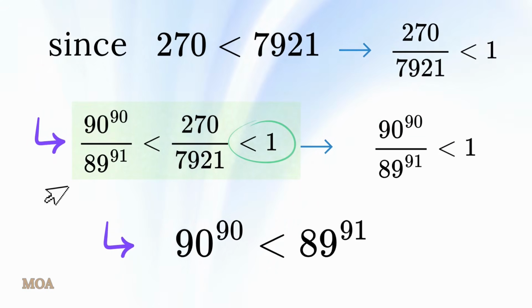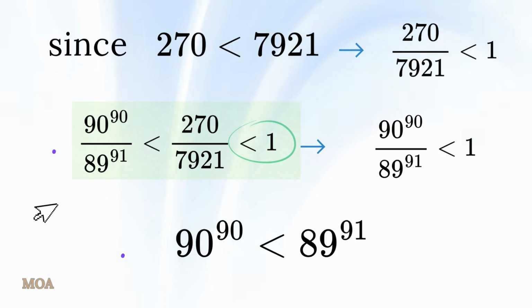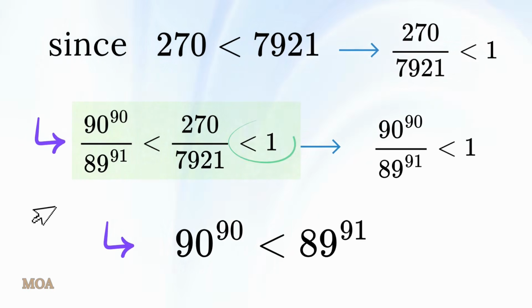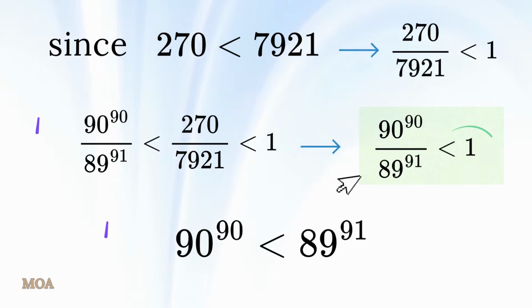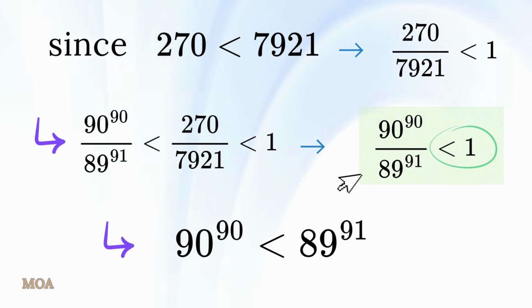So our ratio, 90 to the power of 90 divided by 89 to the power of 91, is strictly less than 270 over 7,921, which is itself strictly less than 1. This yields 90 to the power of 90 divided by 89 to the power of 91 is strictly less than 1.